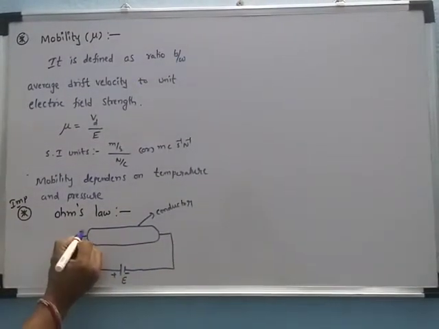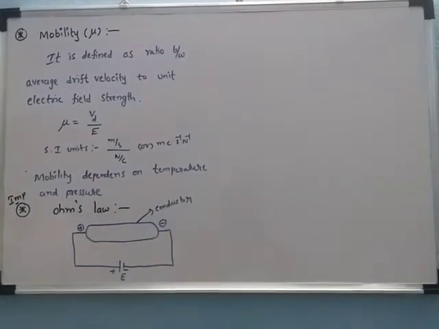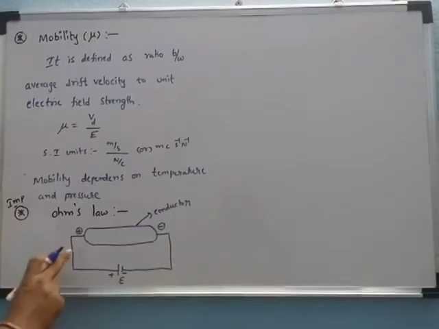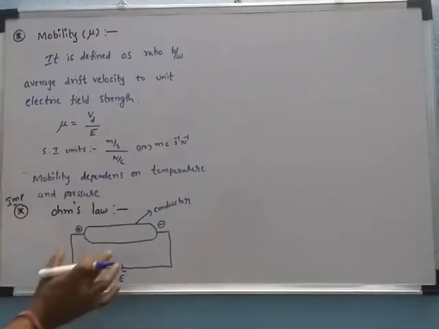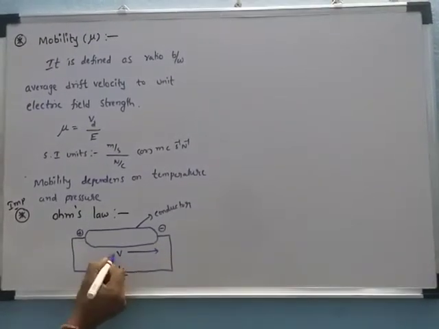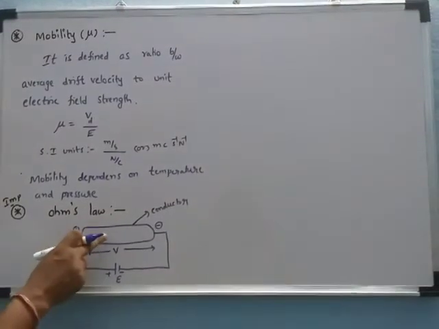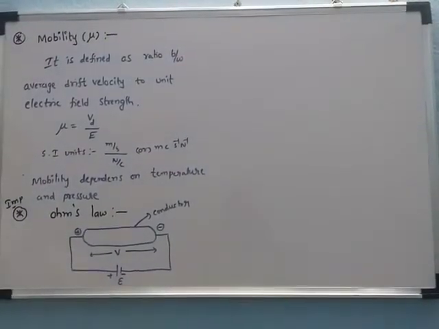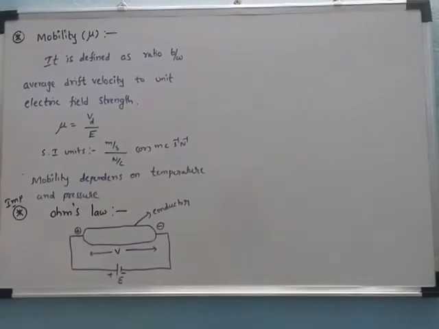One terminal is positive and the other is negative. That means a potential difference is produced across the conductor between these two ends. Now the charge inside moves opposite to the electric field.